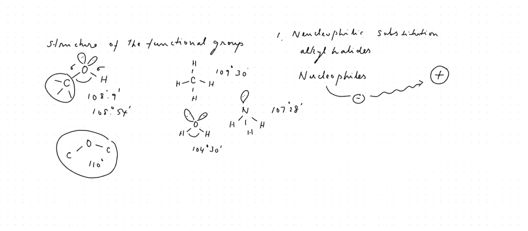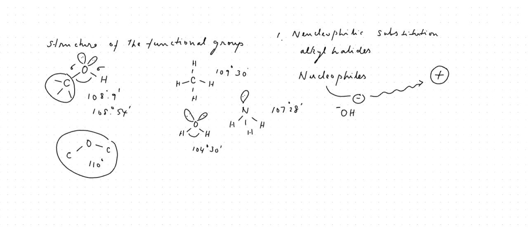OH minus group is a nucleophile. And also, the reaction is called a substitution reaction. Substitution means one thing which is already present is taken off and another thing is placed in its place.